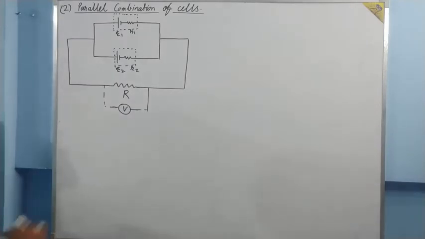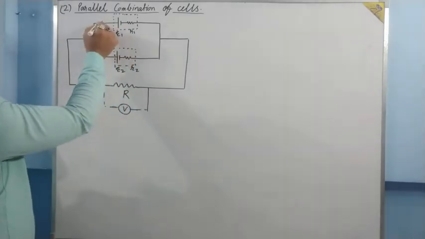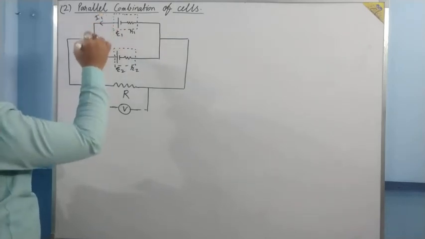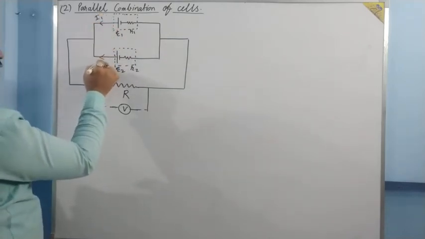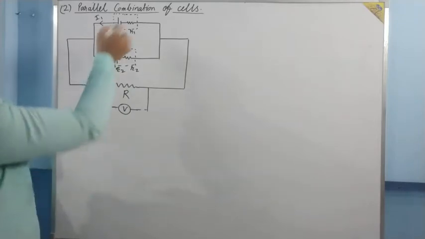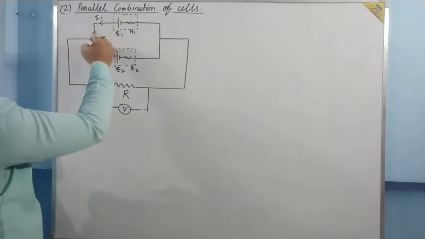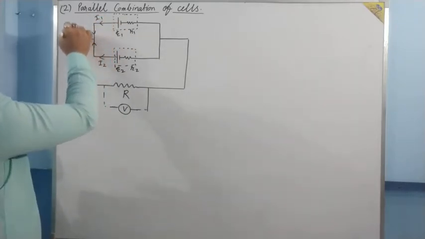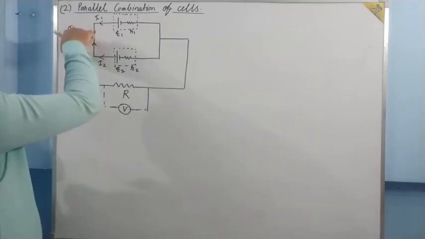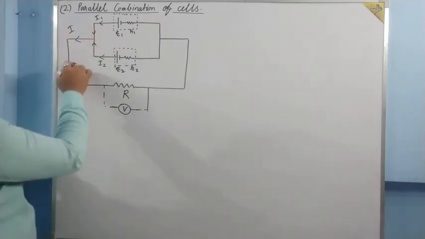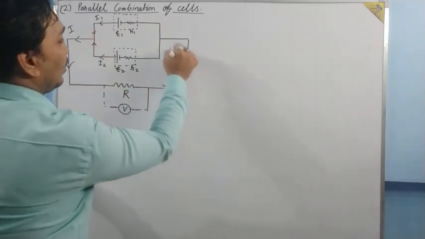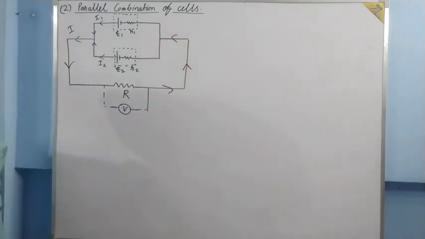Now cell E1 causes a current, say I1, cell E2 causes a current, say I2. I1 and I2 both come over here and cause an equivalent current, capital I. Capital I passes through capital R and it causes a potential drop of capital V. This is all about the circuit.